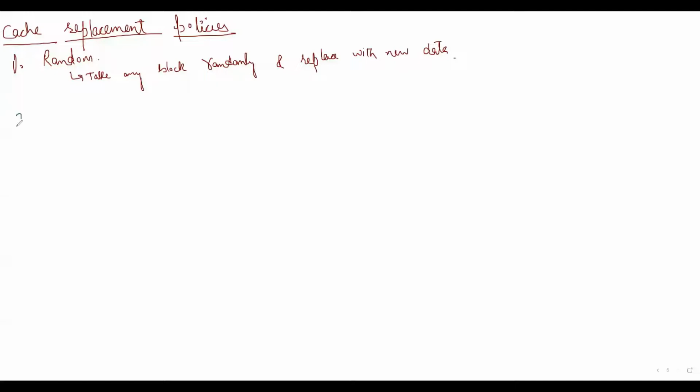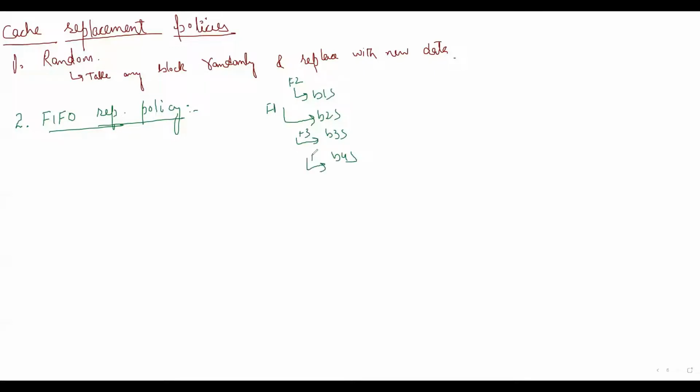The second policy, the commonly used replacement policy, is first in first out replacement policy. What it is saying, this replacement policy saying that since we were having 4 blocks and all 4 were occupied, so let's say we first occupied this, this was second occupied, this was third occupied, and this was fourth occupied.